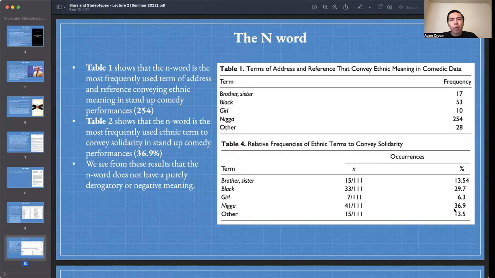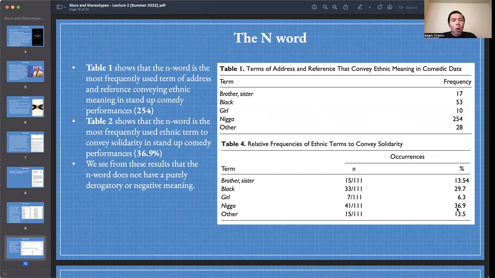Especially for those that think of the N-word as having almost exclusively a derogatory meaning, we see here that 36.9% of the time that stand-up comedians are using words to convey solidarity, they're using the N-word, okay?